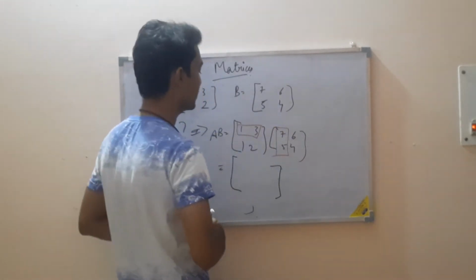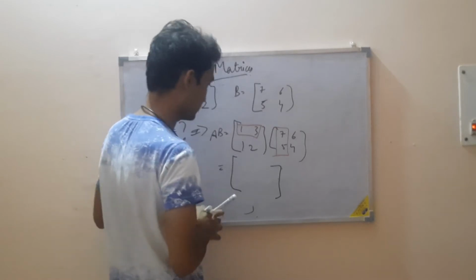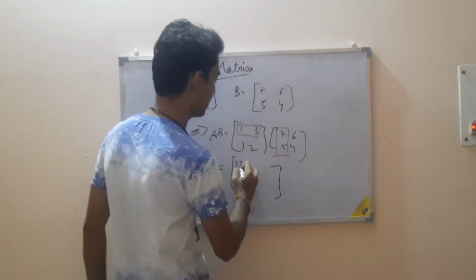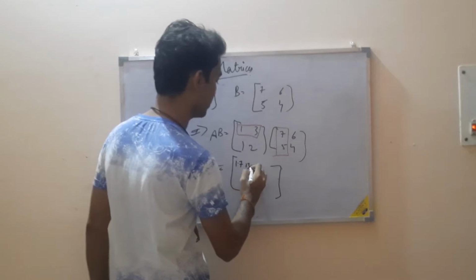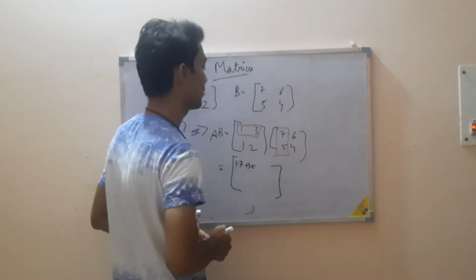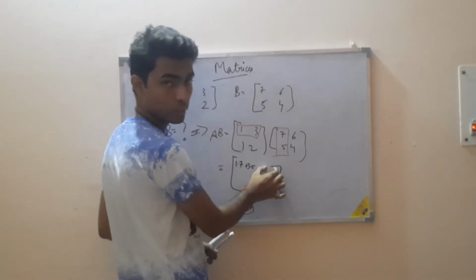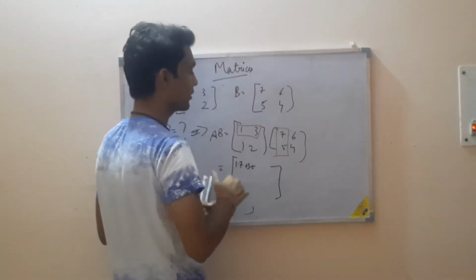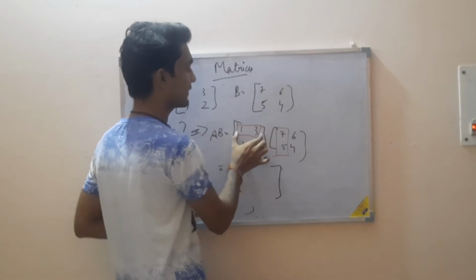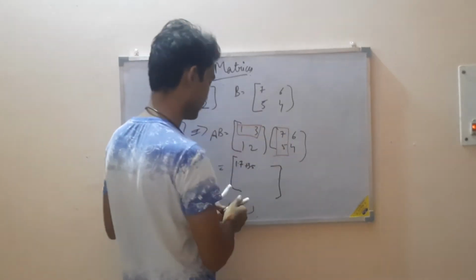So now we will be writing 1.7 plus 3.5. And for the position AB12, we will again be multiplying this row with that column.